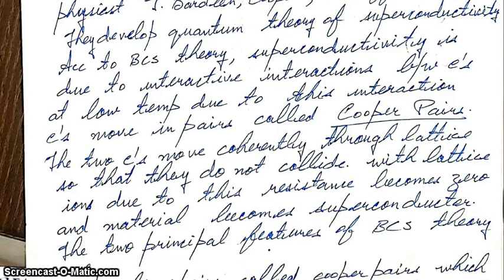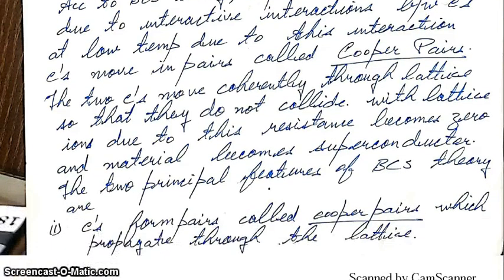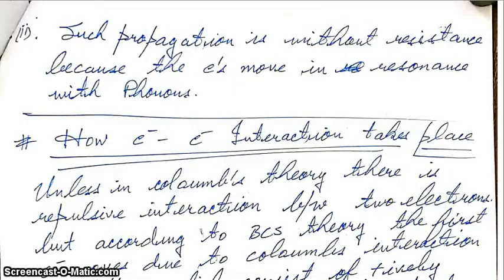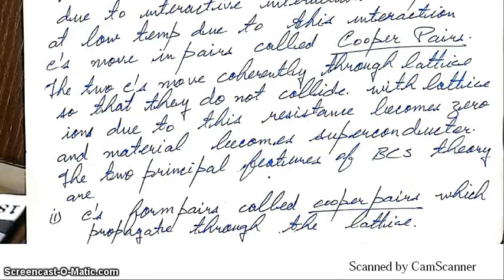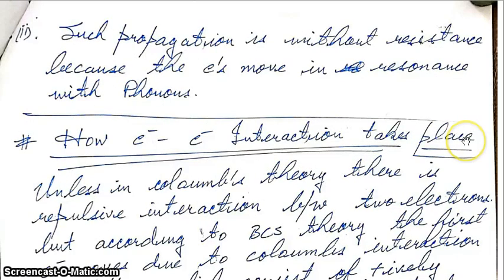So we can say the two principal features of BCS theory are: the first feature is that electrons form pairs called Cooper pairs which propagate through the lattice, and the second principal feature is that this propagation, of phonons we can say, is without resistance, because the electrons move in resonance with phonons, right?